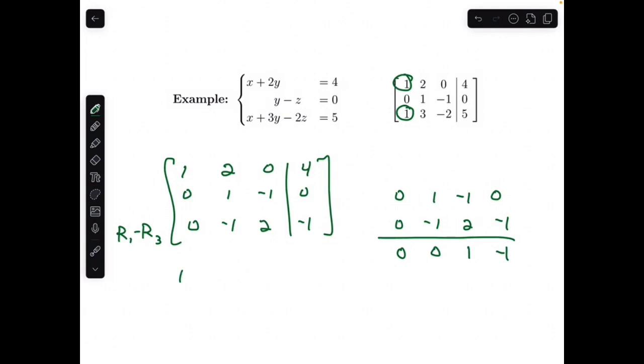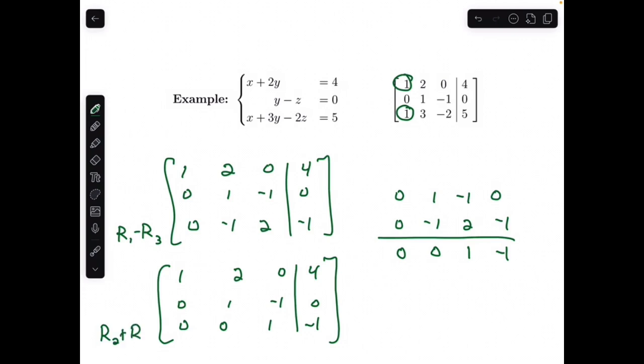So the top 2 rows are not changing. The last row is going to become 0, 0, 1, -1. And I got that by taking row 2 plus row 3. I added the second and the third row here to get this new third row down here.